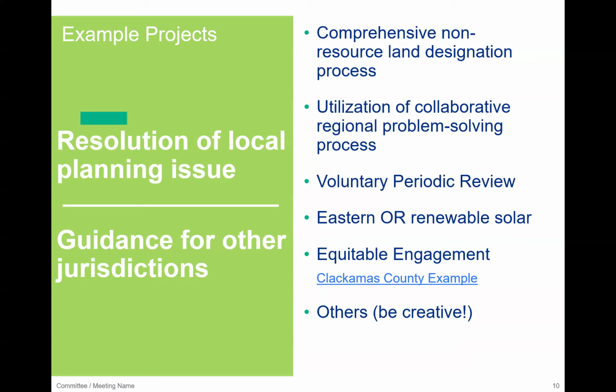But we have had 3 jurisdictions that are completed or have underway what's called a voluntary periodic review program, which involves looking at a comprehensive plan on a comprehensive basis, which is really the best way to update a comprehensive plan to meet the needs of today rather than the needs of 20, 30, even 40 years ago.